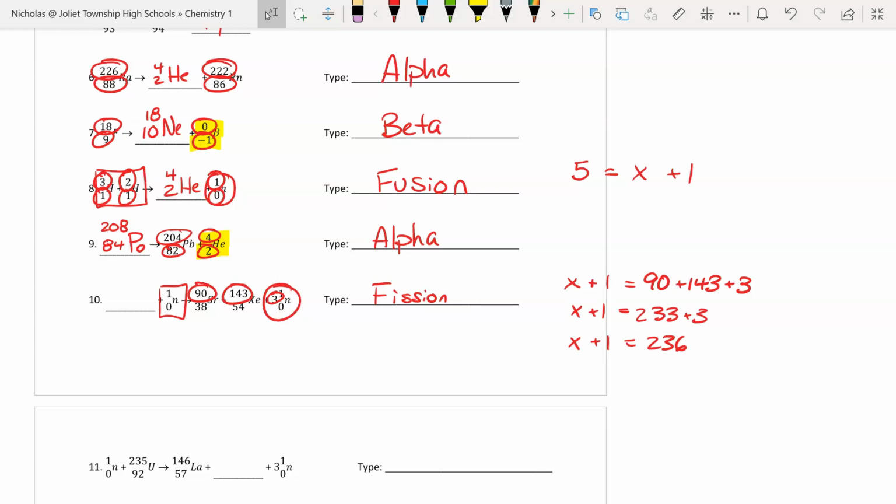Recording this after school, and I'm tired, so it's very possible that I made a math mistake here. Let's see, 236. Nope, that ends up being right. Maybe my key is wrong. So let's see. X equals 235. Nope, I just can't do basic math. 236 minus 1 is 235.